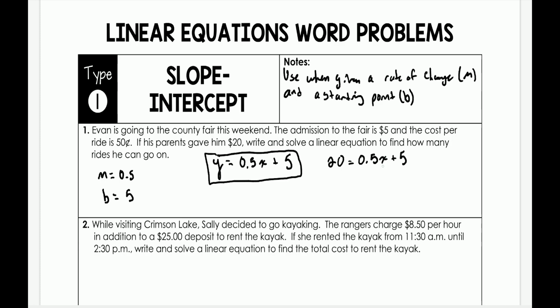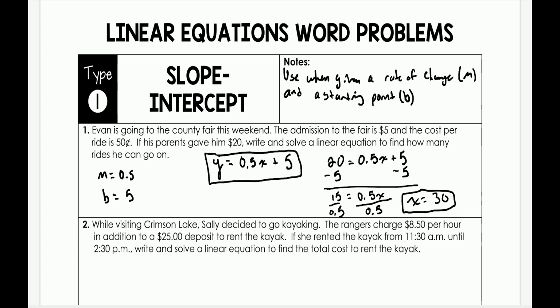Remember that x represents the number of rides. Subtract 5 from both sides, since he's paying $5 to get in. We're left with 15 is equal to 0.5x. And if we divide everything by 0.5, we have that x is equal to 30.